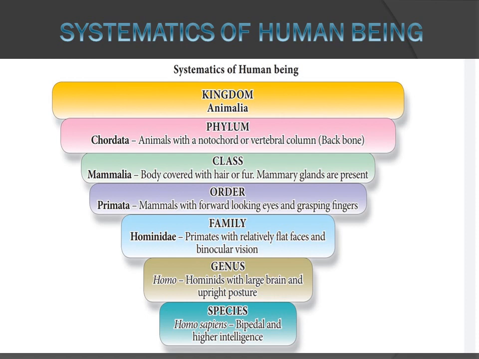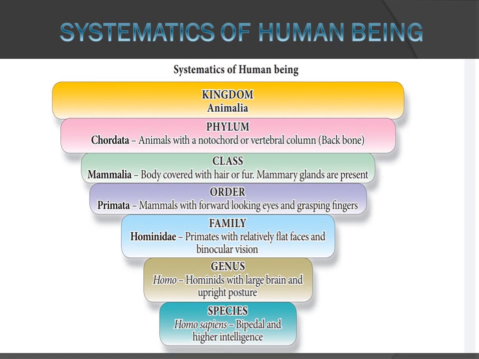Large brain with a straight posture. So human beings come under the genus Homo. It's the character of this genus Homo, right? And the last one is species. So species is sapiens. The character of sapiens is bipedal. Bipedal means two legs will be there for movement.